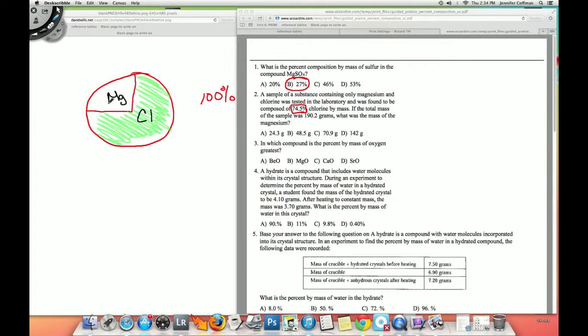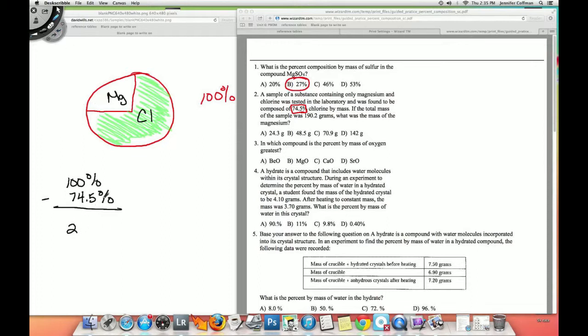Well, that magnesium, if this is almost 75% or 74.5%, this is about 25%, or 100% minus 74.5%.